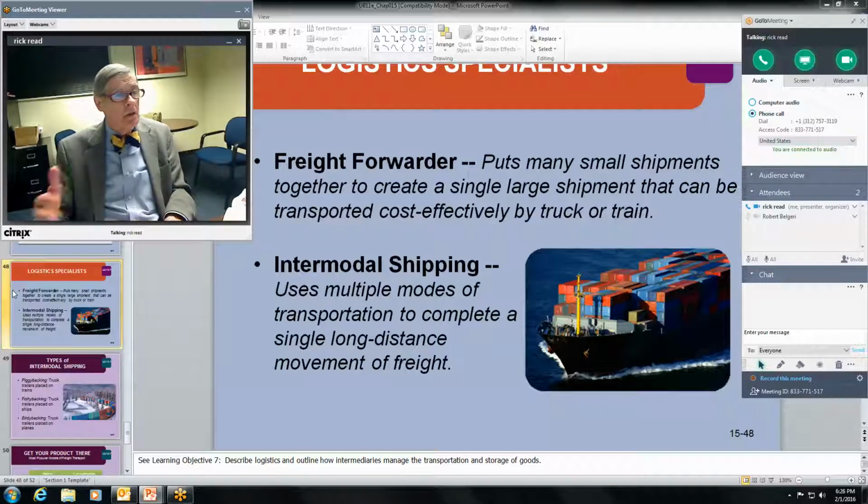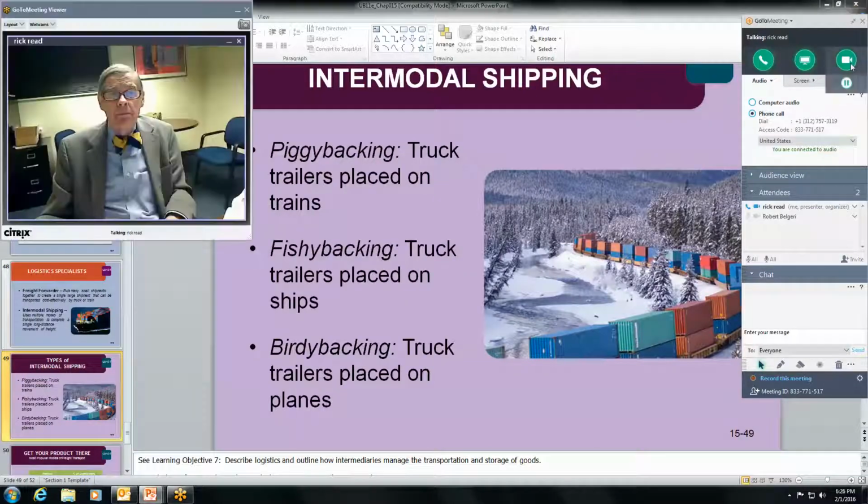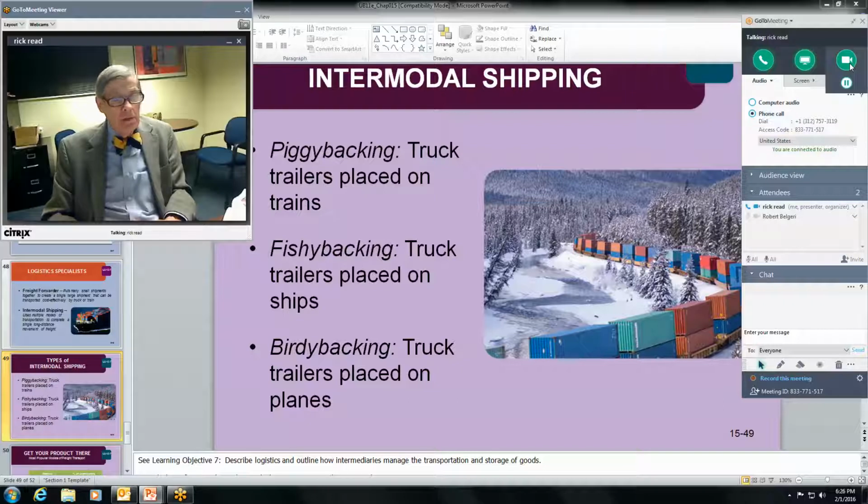Intermodal shipping is exactly what it says, modes of transportation to complete a single long distance movement of freight. We have other intermodal shipping. We have piggybacking with truck trailers on trains, fishy backing, truck trailers on ships, and birdie backing, truck trailers placed on planes.